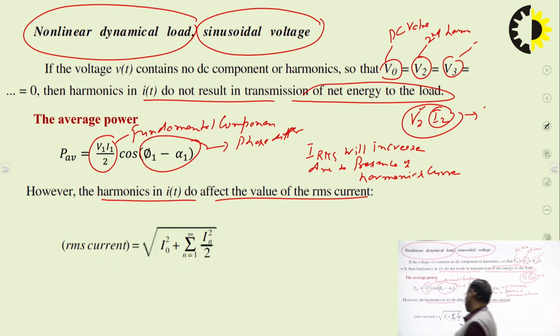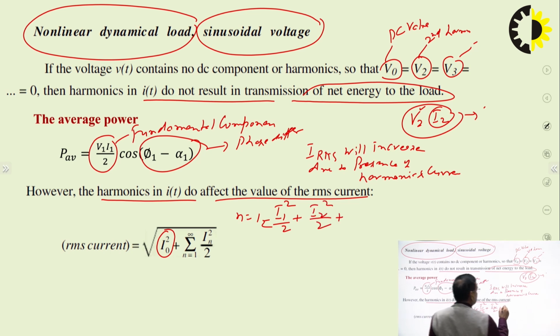So IRMS is the square root of the DC value squared plus, for n equal to 1, I1 square upon 2, plus I2 square upon 2 plus I3 square upon 2.